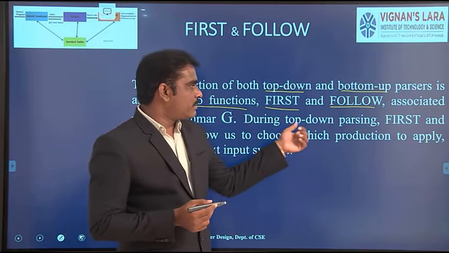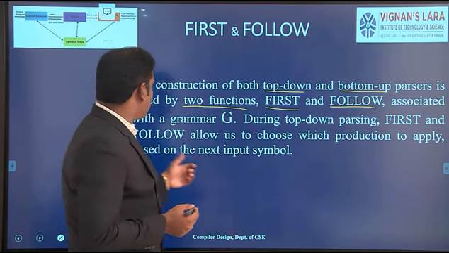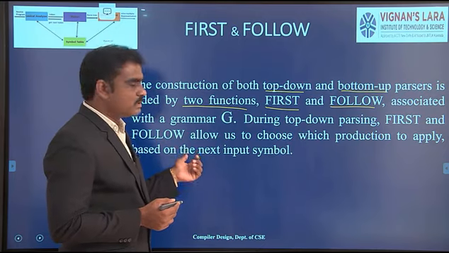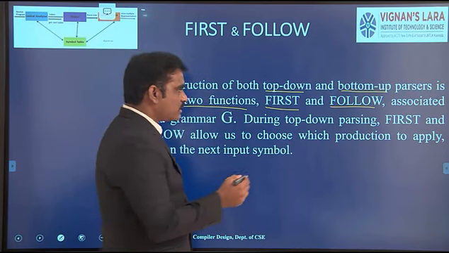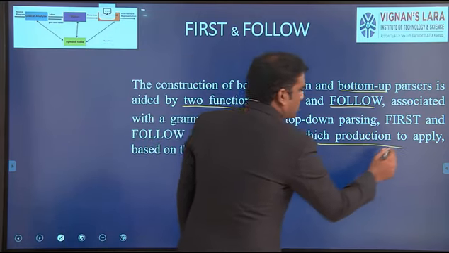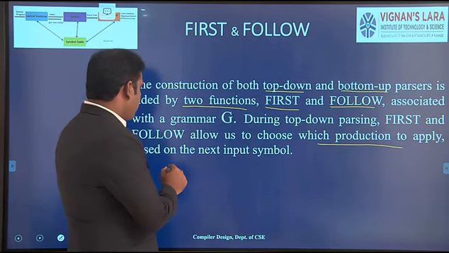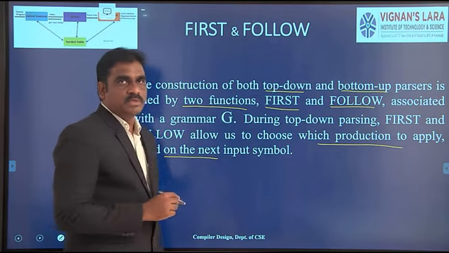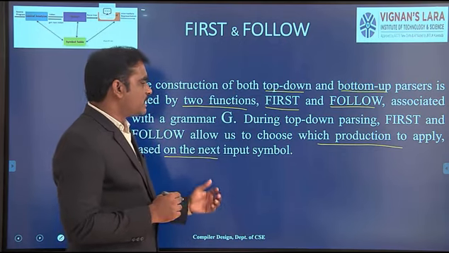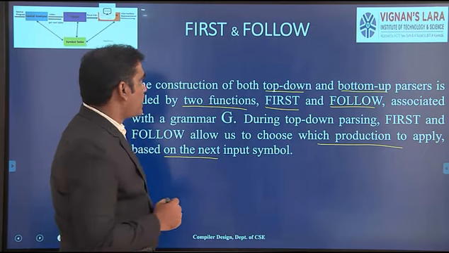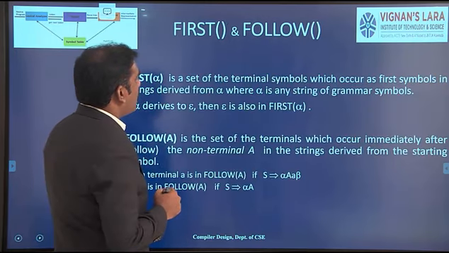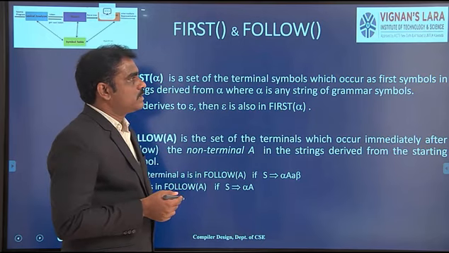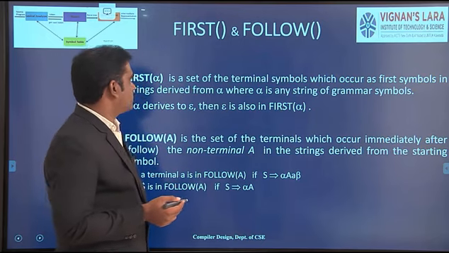During top-down parsing, the first and follow functions allow us to choose which production to apply based on the next input symbol.